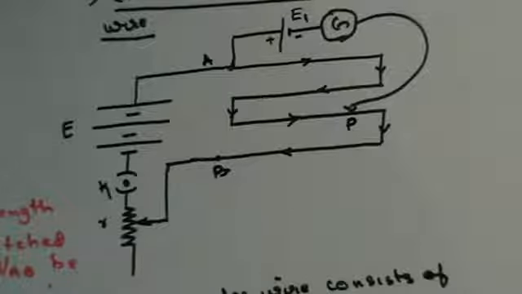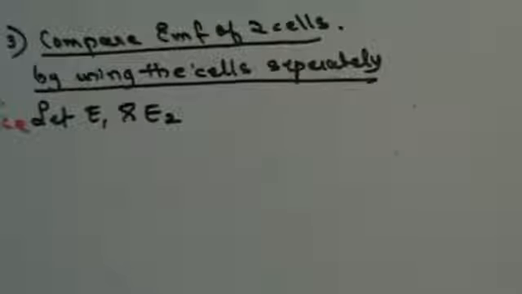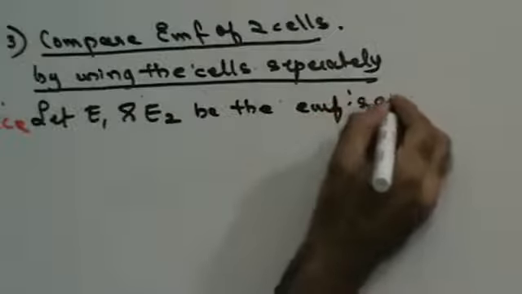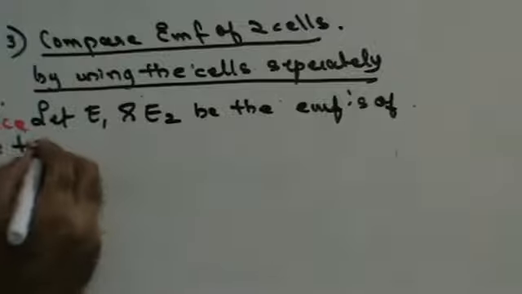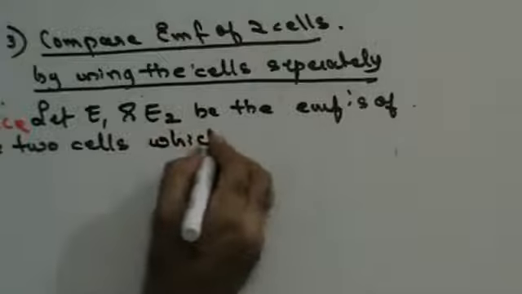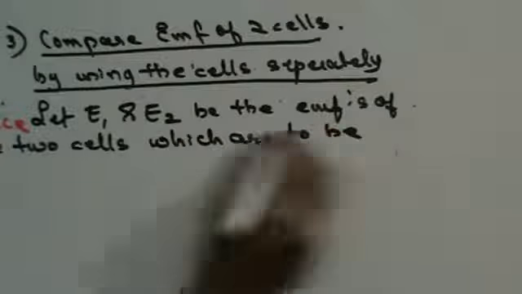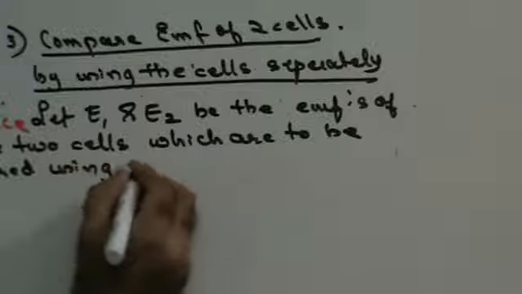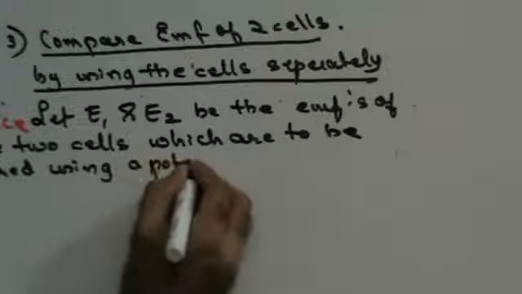So let us assume that E1 and E2 are the EMFs of the two cells which are to be compared using a potentiometer. Right?